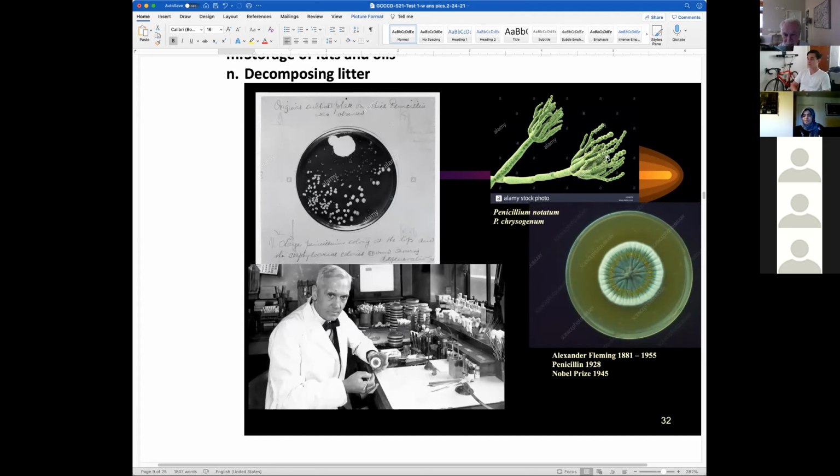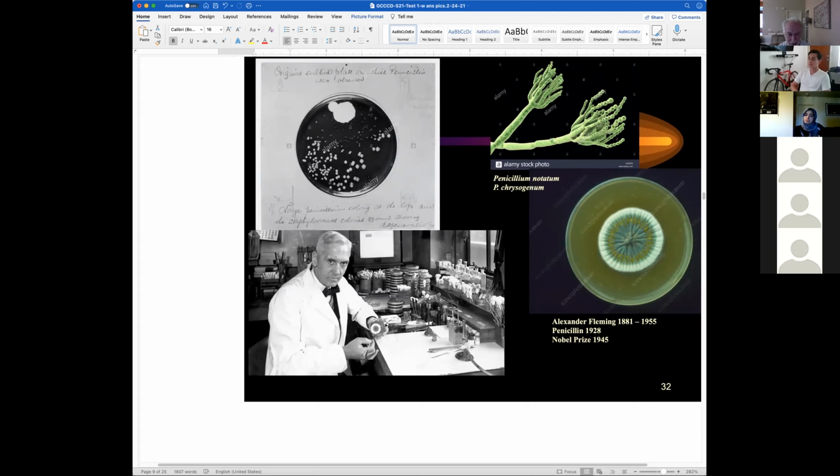If you take these spores and put them on an agar medium, it grows into a colony like this, and makes a lot more spores. This is a picture of the guy that discovered penicillin, Alexander Fleming, in his lab in the 1920s. And this is typical of a microbiology lab. If you walk into one today, you'll see pretty much the same thing.